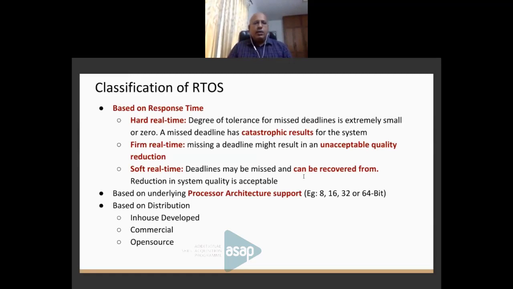Then we can also classify based on distribution. When many of us started our career 35 years back, RTOS was not much in the industry. So we even developed RTOS in-house while I was working at Bharat Electronics. But subsequently, in the 90s and till now, there have been a lot of commercial real-time operating systems.